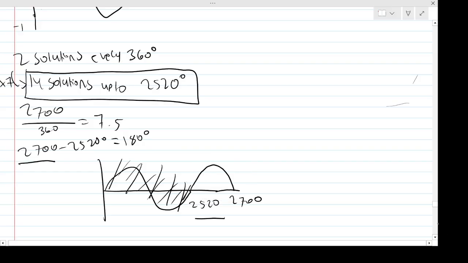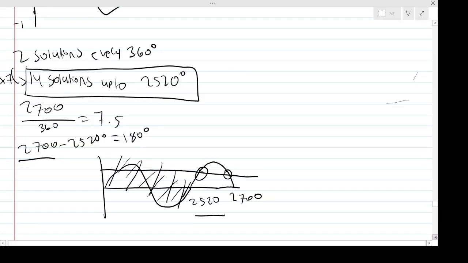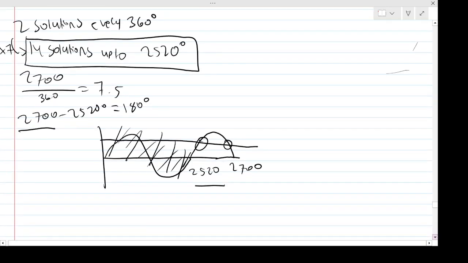So then, if k is positive, well, there's going to be two more then, aren't there, right? And so there we are. So if k is positive, we get two more solutions.